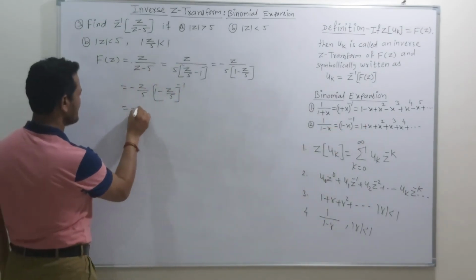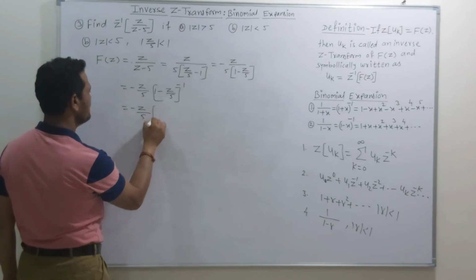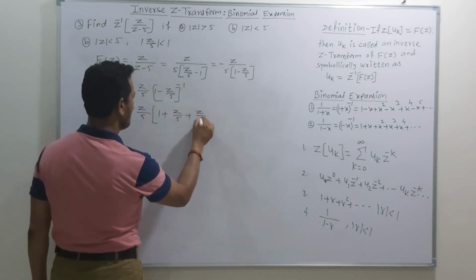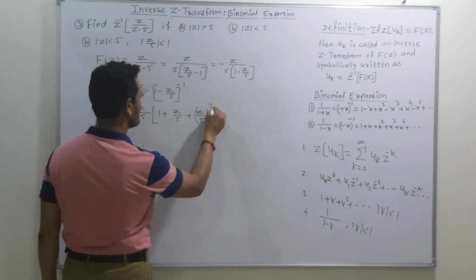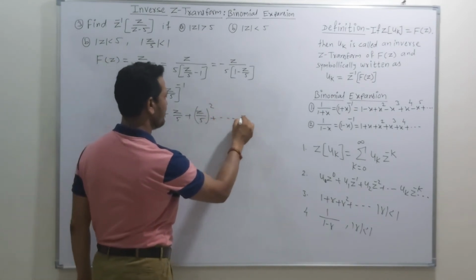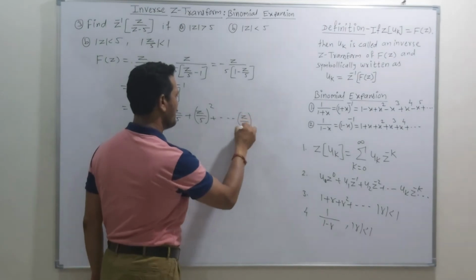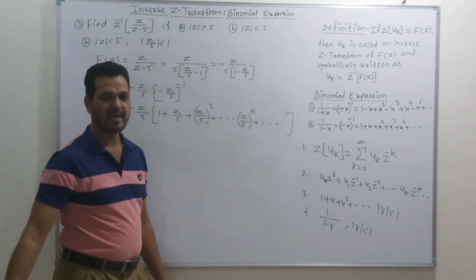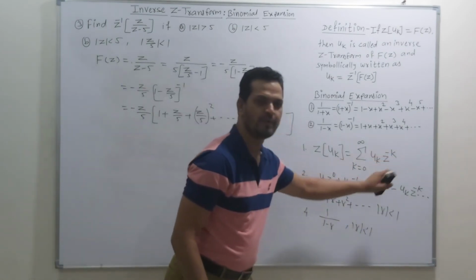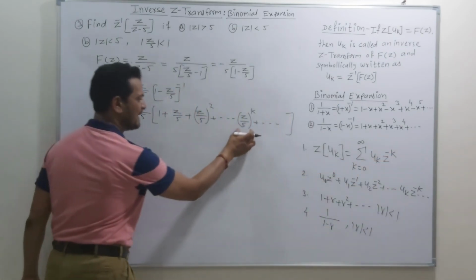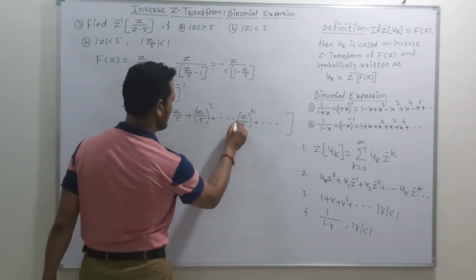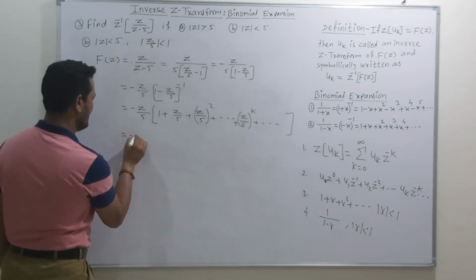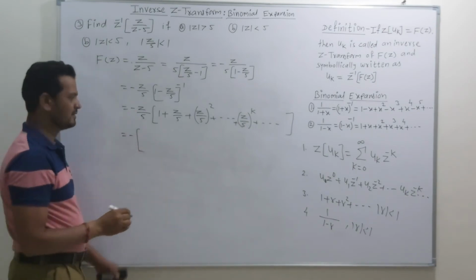We get the expansion as z upon 5 times 1 plus z upon 5 plus z upon 5 its square. We can continue this up to z upon 5 raised to k plus and so on up to infinity. Our main interest is to find the coefficient of z raised to minus k. That's why we write this as the kth term. So here is the plus sign. Now take this z upon 5 to the inner side, so that we get minus as it is.